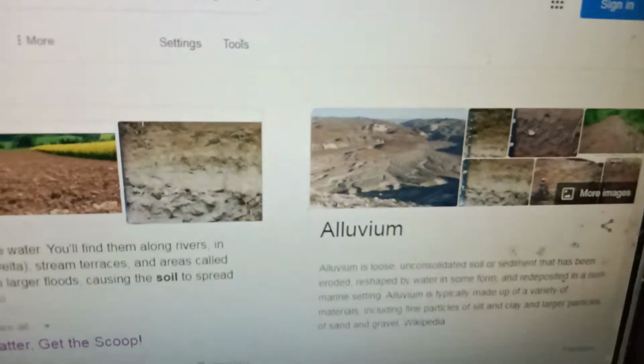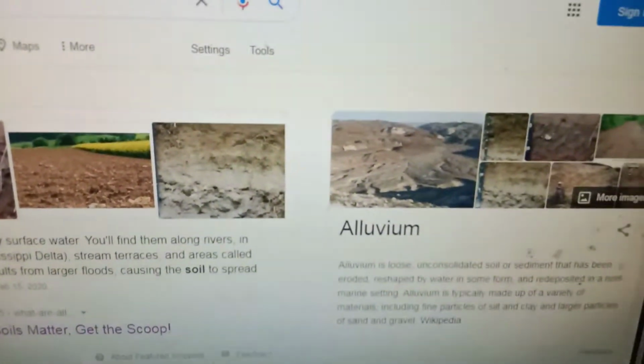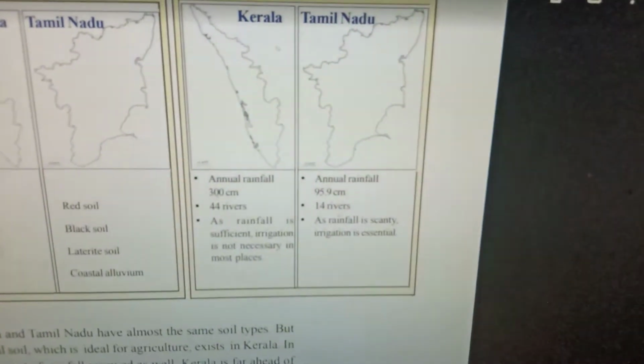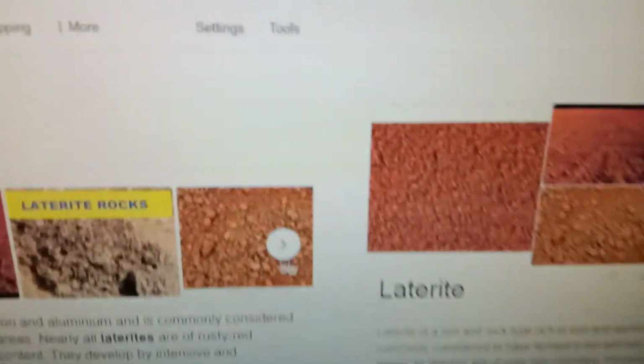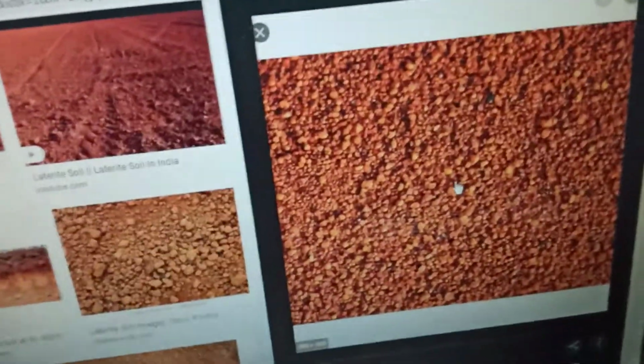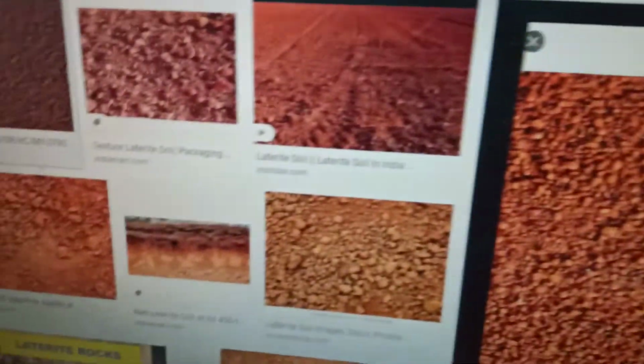Next soil is laterite soil. This is the picture of laterite soil. It is reddish in color because of the presence of iron oxide.